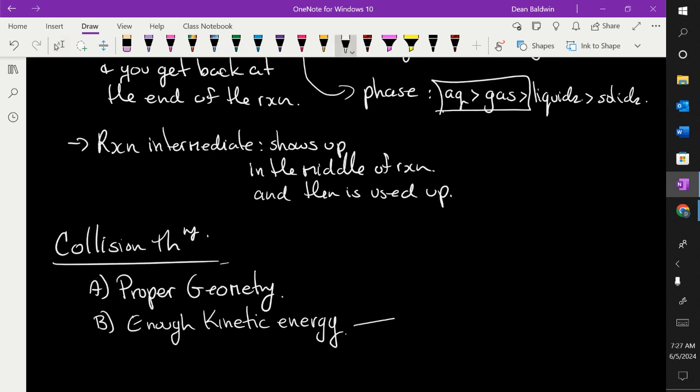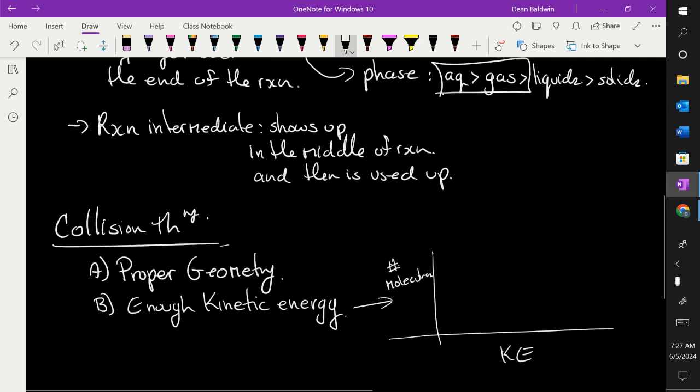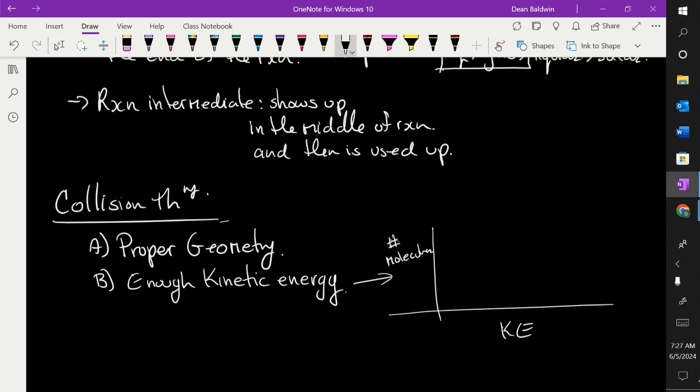And if you remember enough kinetic energy, if we remember this diagram, which has number of molecules here, and this is kinetic energy, and this we will call the threshold energy. If you pass that, then you have enough energy to have a successful collision.